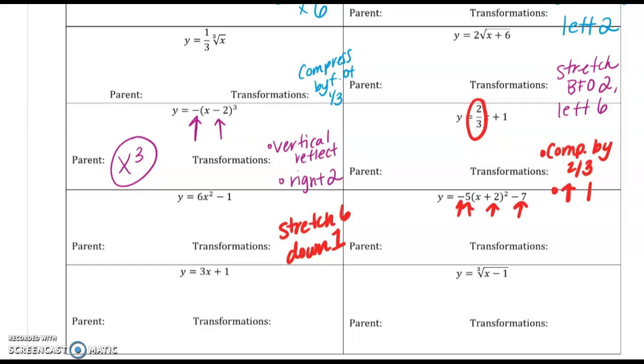I'm going to do it in a different color to make it obvious. It's going to have a vertical reflection. That's what that negative is. That 5 is going to be a stretch by 5 vertically. The 2 is going to make it go left 2. And then the negative 7 is going to make it go down 7.